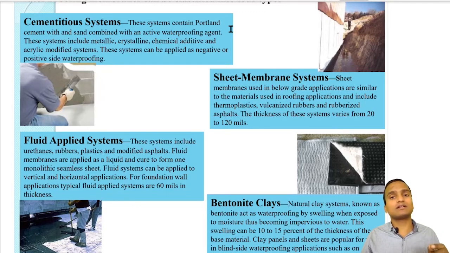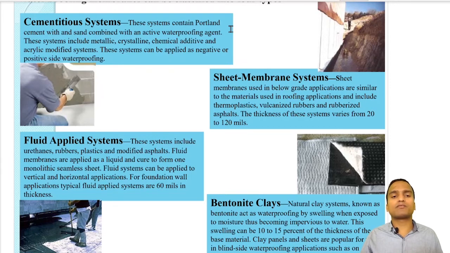So these are the different materials of the sheet membranes, and the thickness of these membranes varies from 20 to 120 millimeters. Okay, so this type of sheet membrane is generally done in case of tanks or basements or footings, and generally people go for the sheet membrane system of waterproofing also.